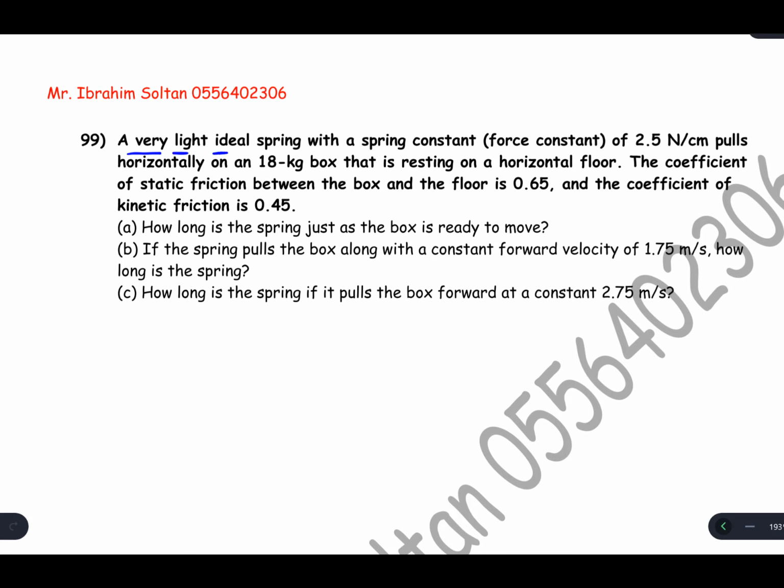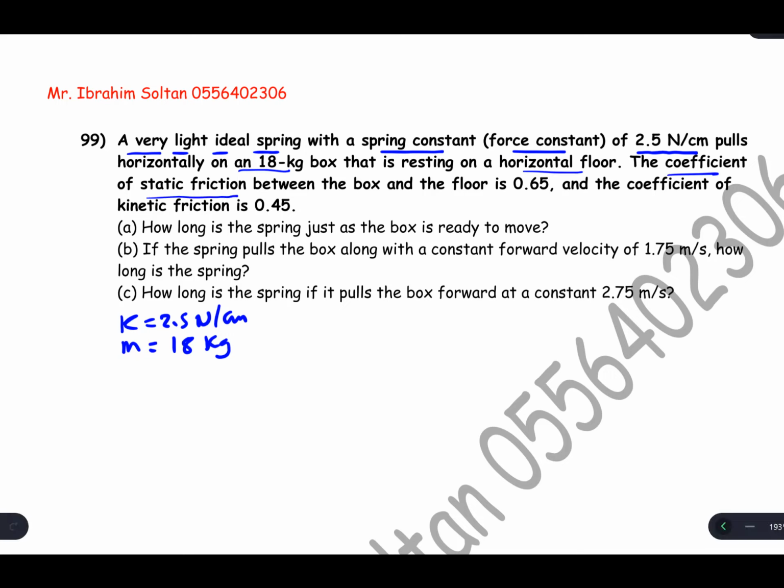Here is a very light ideal spring with a spring constant, force constant 2.5 Newton per centimeter. So K equals 2.5 Newton per centimeter. It pulls horizontally on an 18 kilogram box, so the mass equals 18 kilogram, that is resting on a horizontal floor.